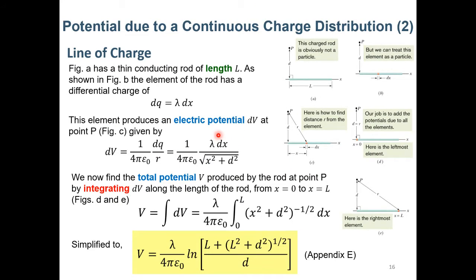So dV can be calculated as K times dq over R, and R is the square root of d squared plus x squared by the Pythagorean theorem.